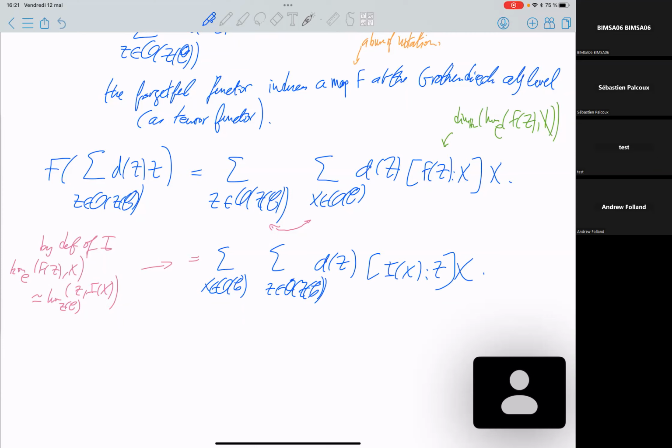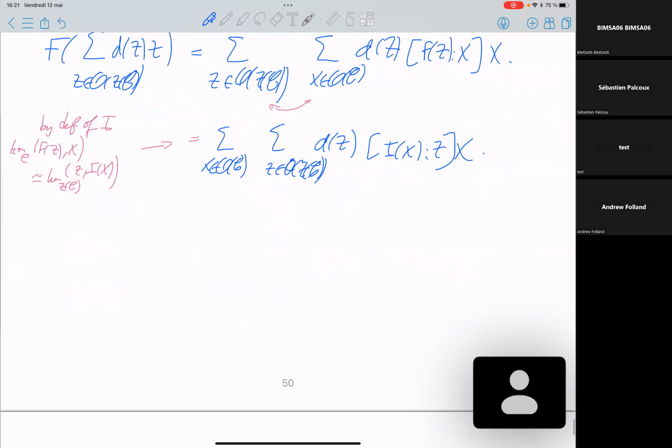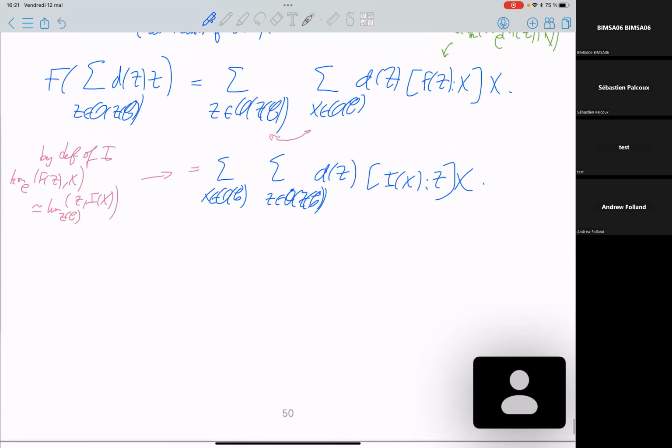But this part is exactly the dimension of I(X).